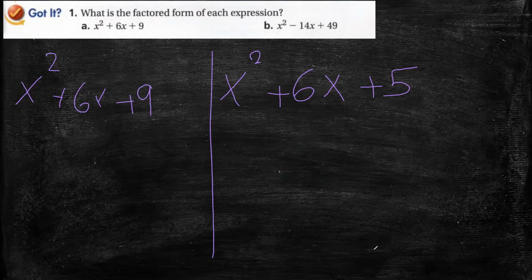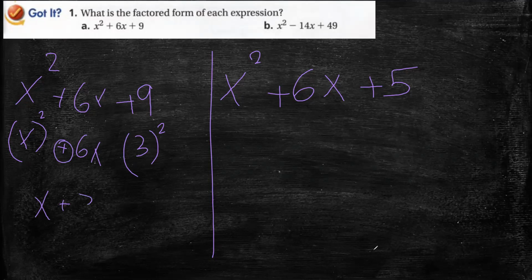The first one, as we said before, this is x squared, and this is 3 squared. So I will take one from the x, the plus sign, and one from the 3 squared, and I say that the factored form of x squared plus 6x plus 9 is x plus 3 squared.